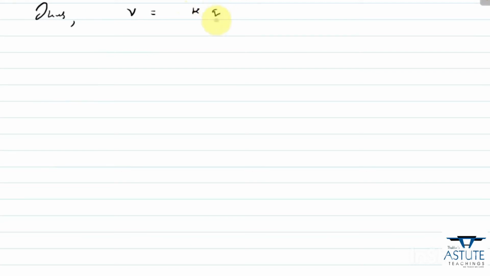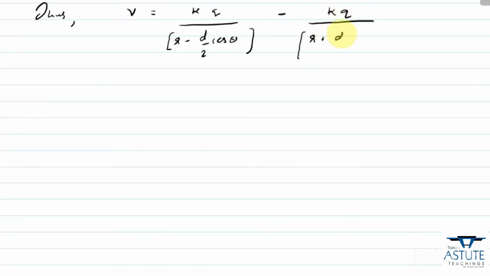Okay, so thus we can substitute the value of the distances, and hence we can find the total potential, that will be kq divided by r minus d by 2 cos theta minus kq upon r plus d by 2 cos theta.